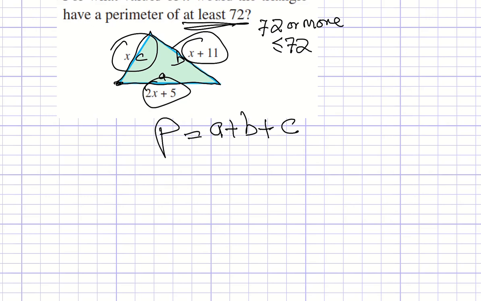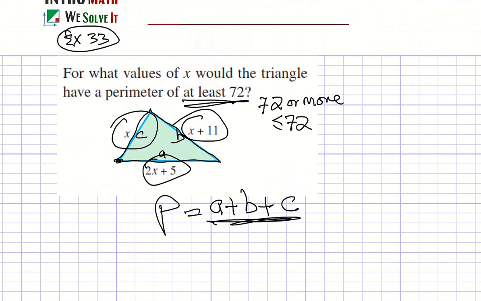Okay? So basically what they're saying is, perimeter, you add that. Does it have to be less? Hang on a minute. For what value of S would the triangle have a perimeter of at least... No, I got it wrong.